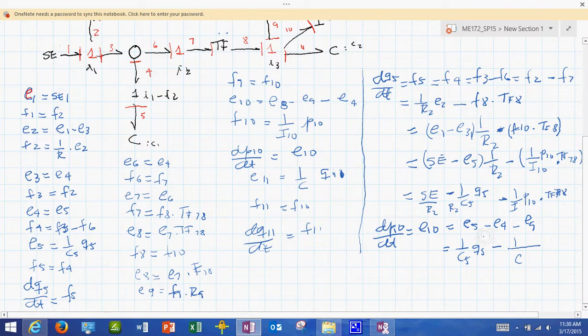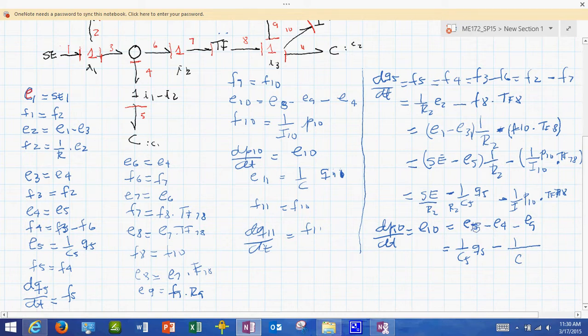E4 is E sub 5. I hope I didn't make a mistake in here because it looks a little funny. dP10 is E sub 10, and this is, yeah, see here I have a little bit of a problem here. I copied it wrong.